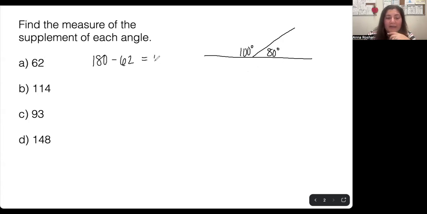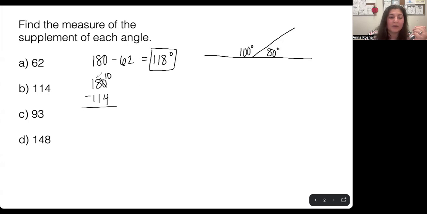So that would be 118. Sometimes it might make sense to subtract this way instead of side to side, because then you can borrow. So you'd end up with 66 degrees for this.